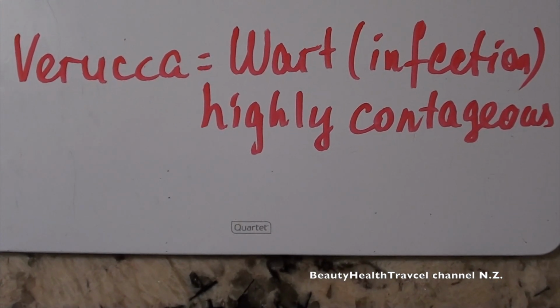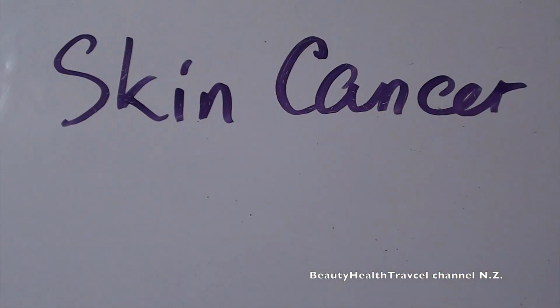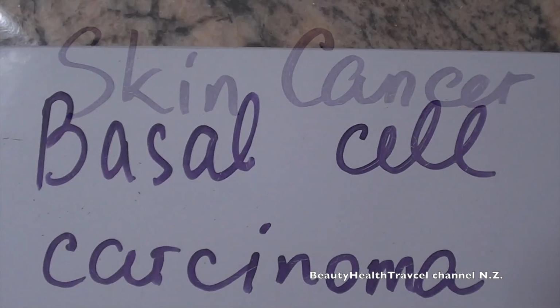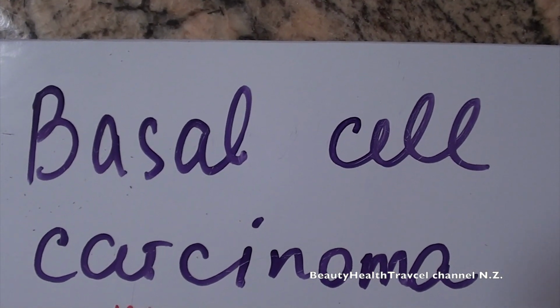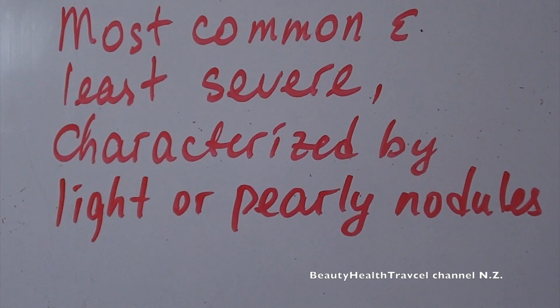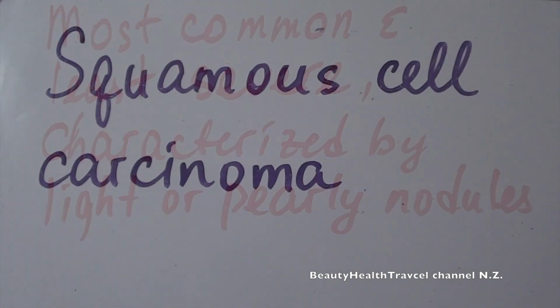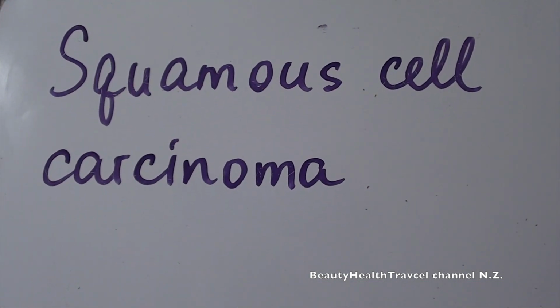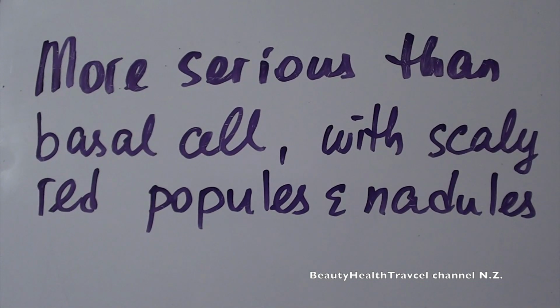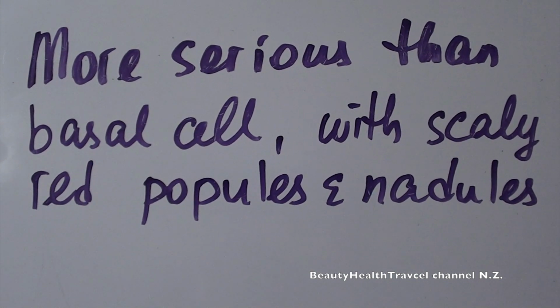It is highly contagious, and cosmetologists should not work on it. Skin cancer. Basal cell carcinoma. Most common and least severe, characterized by light or pearly nodules. Squamous cell carcinoma. More serious than basal cell, characterized with scaly red papules and nodules.